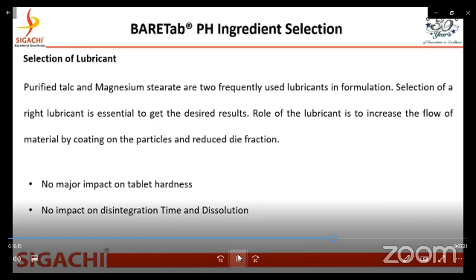If we increase lubricant quantity, it impacts the dissolution and disintegration profile, and sometimes tablet hardness also. But we have selected both lubricants in different products. These two lubricants have no major impact on tablet hardness and no impact on disintegration time and dissolution time.